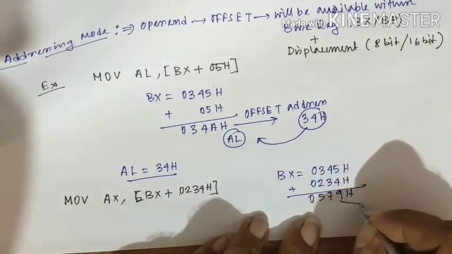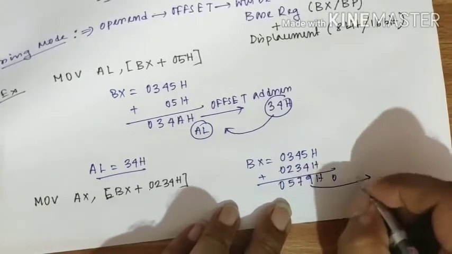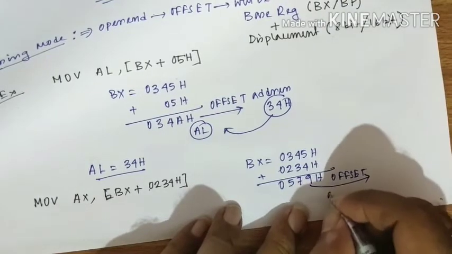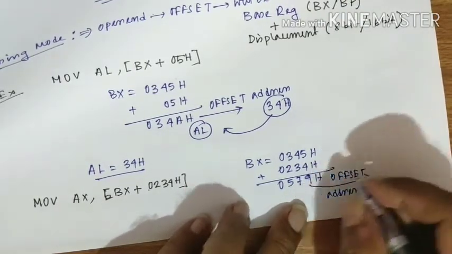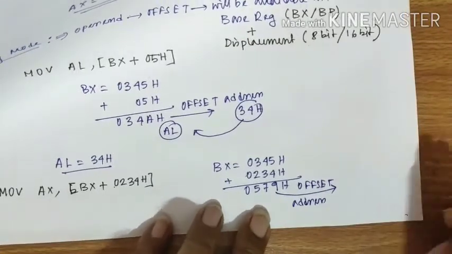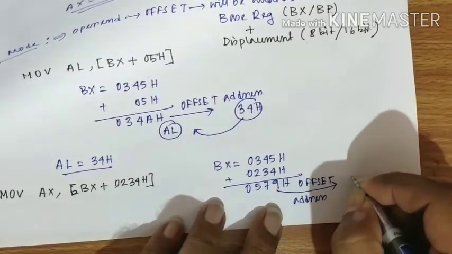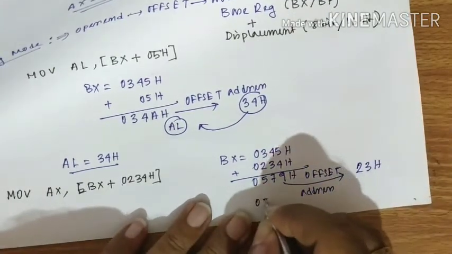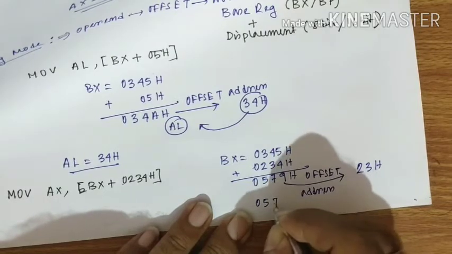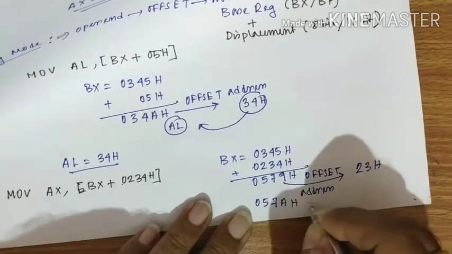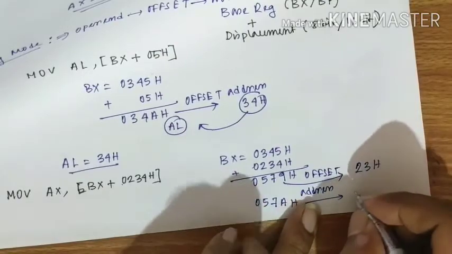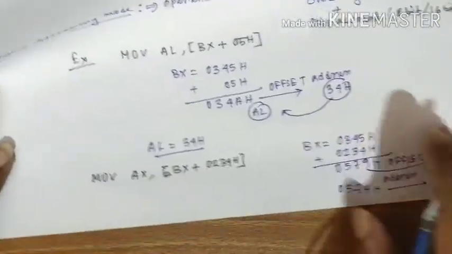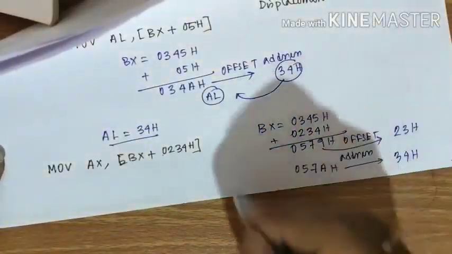Now this value will be treated as an offset address. This location should contain 8-bit data. So data might be 23H, and the next location, that is 057A, should have another data, suppose 34H.